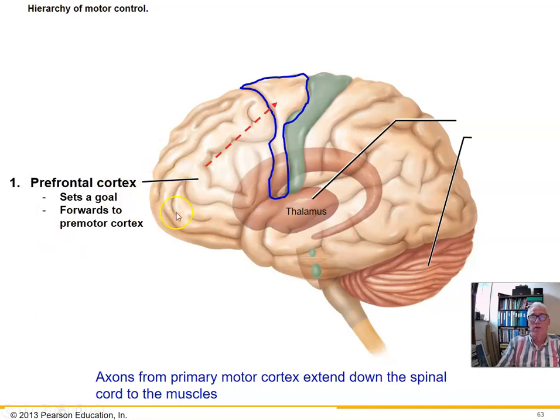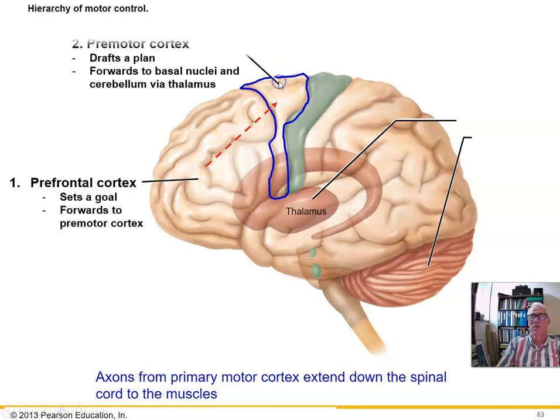So the first thing that happens is in this part of the brain, the prefrontal cortex, where a lot of complex processing happens, executive function it's called, our personality, various judgments, creative thinking. We get the idea that we want to do something, and we produce a goal for some motor task we want to accomplish, and since we're talking about motor function, that information is forwarded on to the premotor cortex.